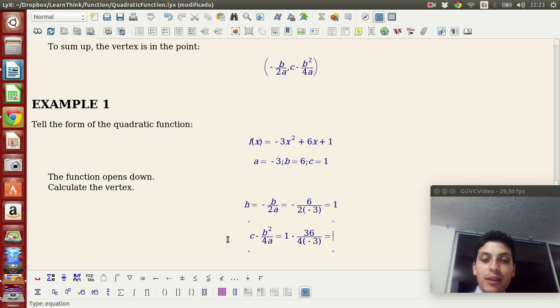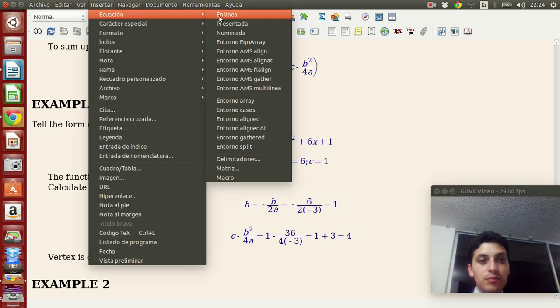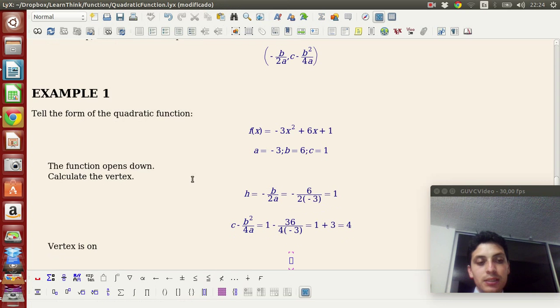So 4 times minus 3 is minus 12, and 36 divided by minus 12 is minus 3. So we have 4. So the vertex is at 1 and 4.